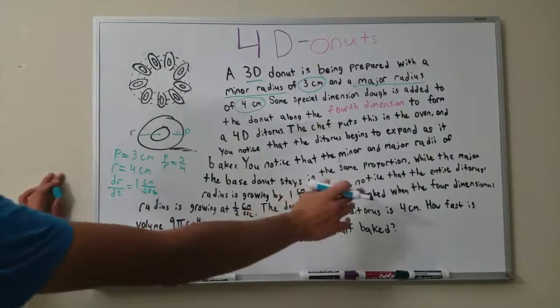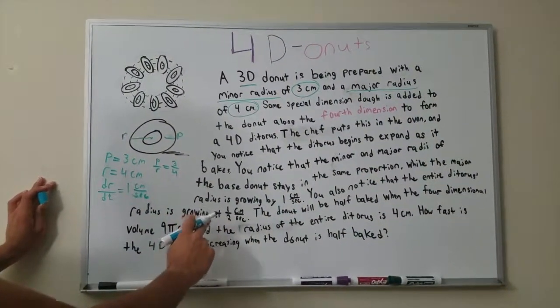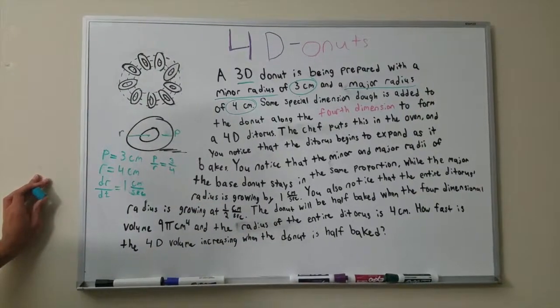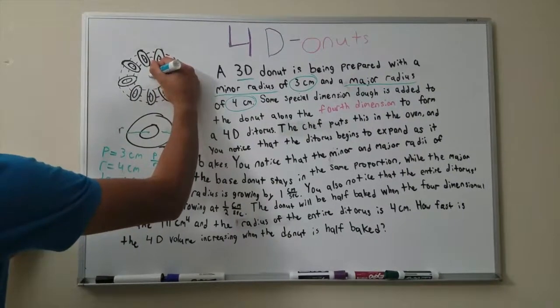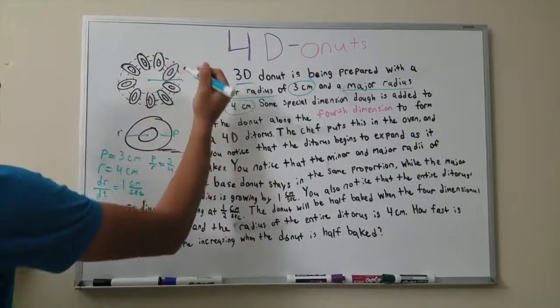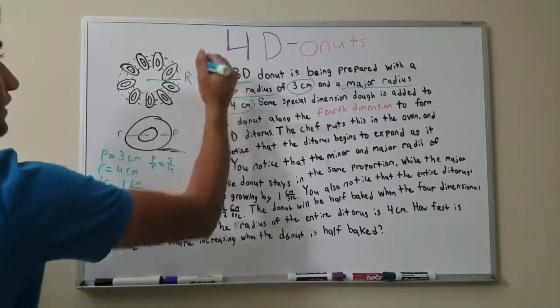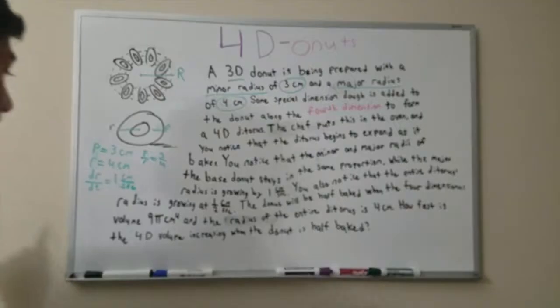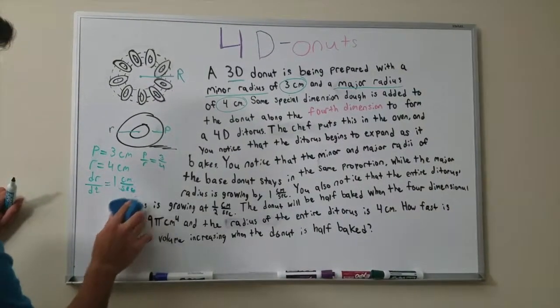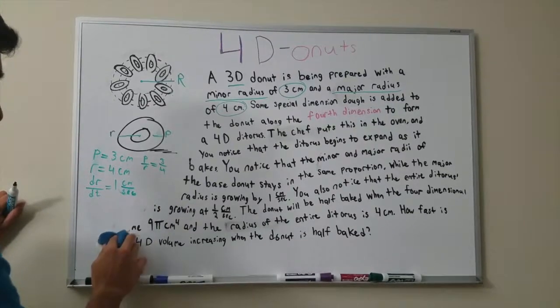Now you also notice that the entire ditorus's radius is growing at 0.5 centimeter per second. So the entire ditorus's radius would be from this to here, which we will label big R. So I'll erase a little bit of this so I have a little bit more space.